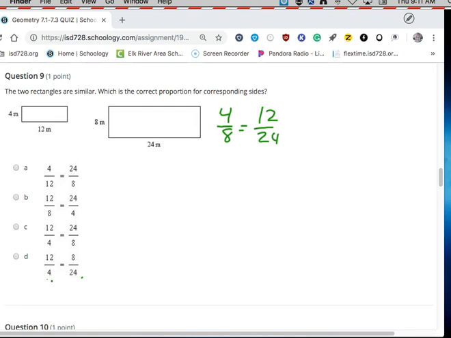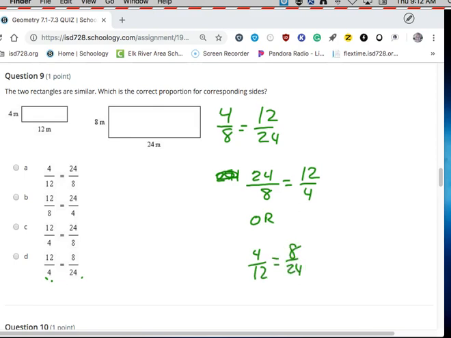So by manipulating these, I could look at 24 to 8 and 12 to 4. Or we could look at 4 to 12 and 8 to 24.